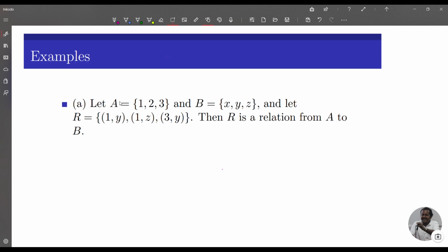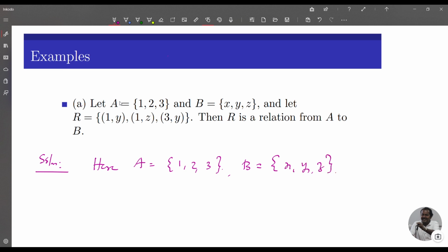So here A is the set {1, 2, 3} and B is the set {x, y, z}.